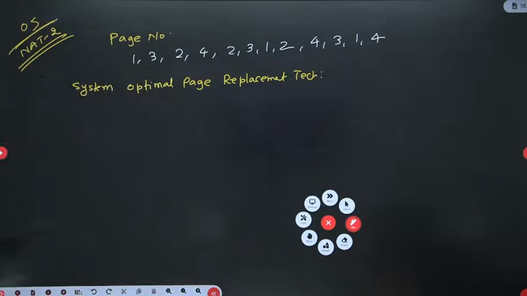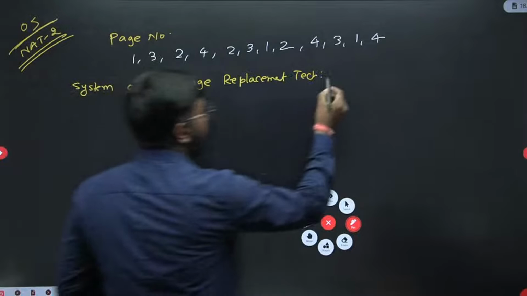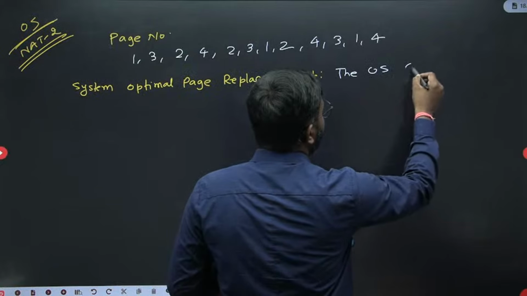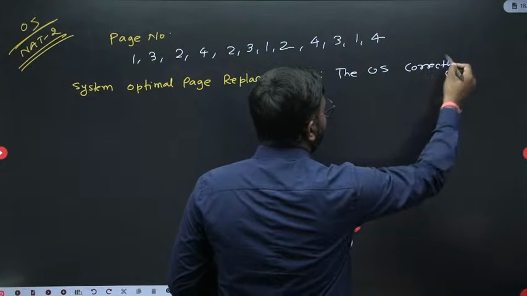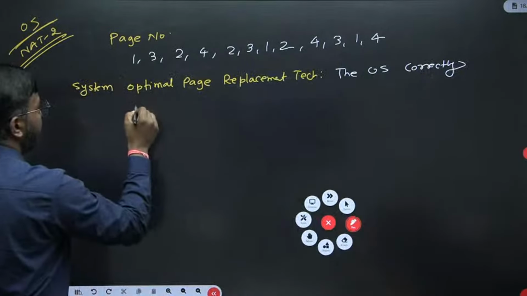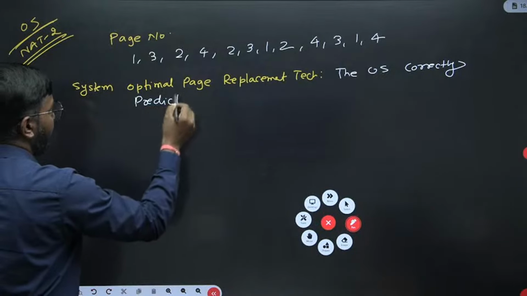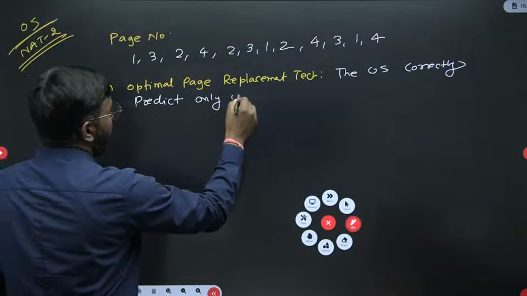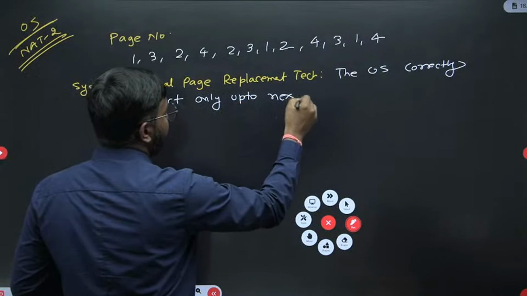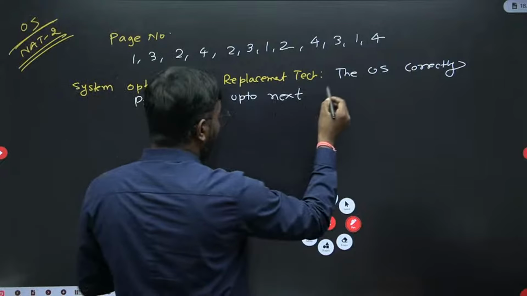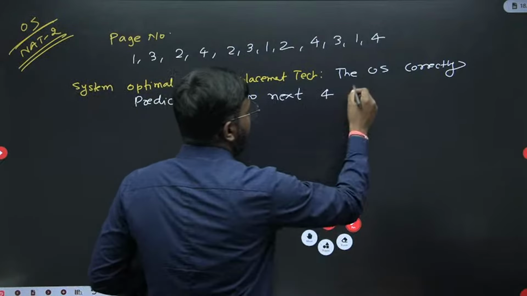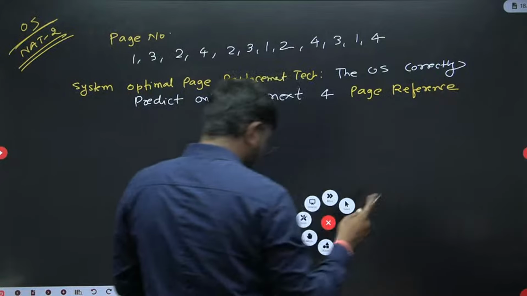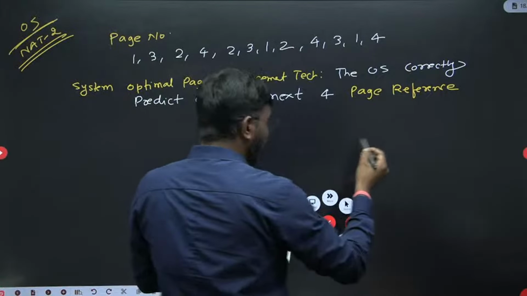The only thing is, one statement was given here: the operating system correctly predicts only up to the next 4 page references, including the current one.